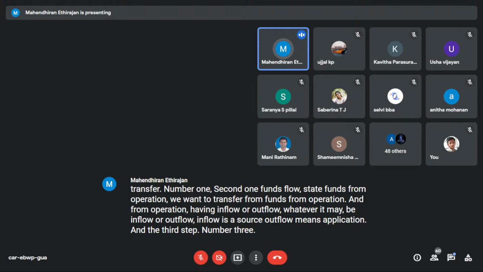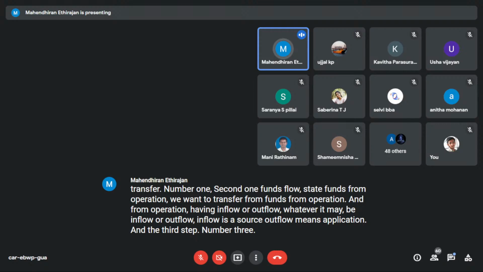Cash in hand, cash at bank, bills receivable, sundry debtors, short-term loans and advances, investment, temporary or marketable investment, inventory or stock such as raw material, work in progress, stores, spares, finished goods.